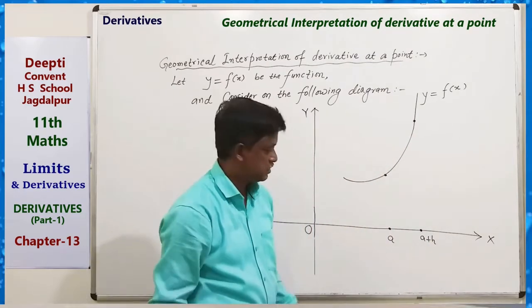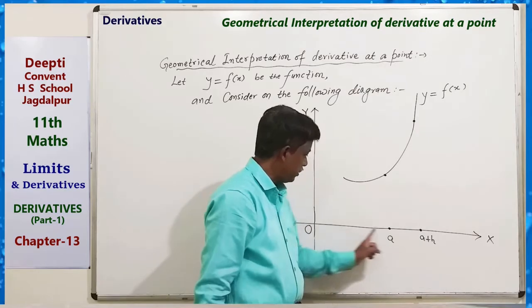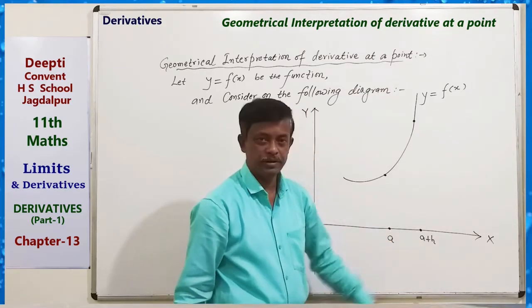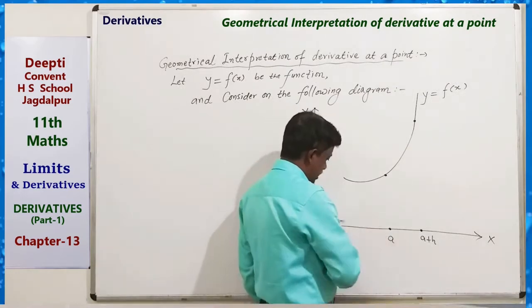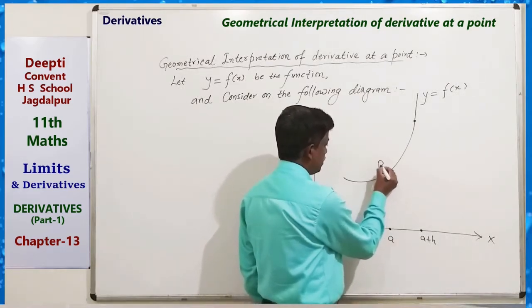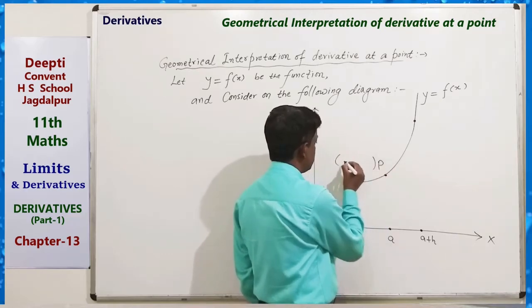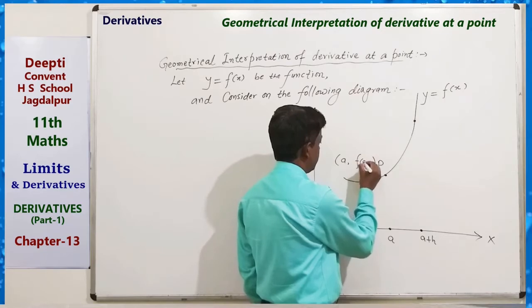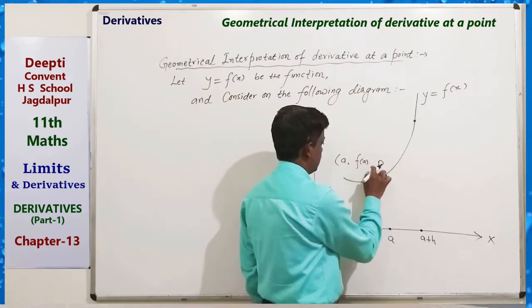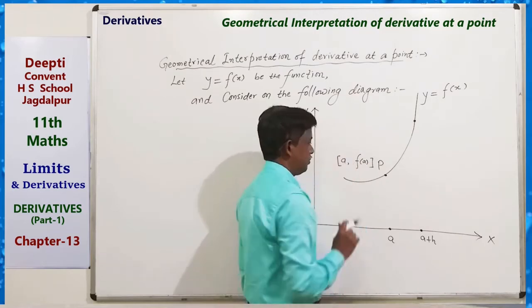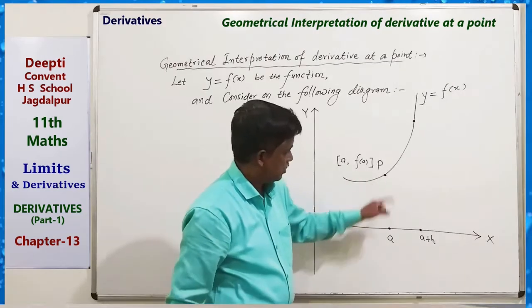A plus h means this is the value of A and this is the h increment in this point. If this is A, suppose this is point P, its coordinate will be what? (A, f(A)).